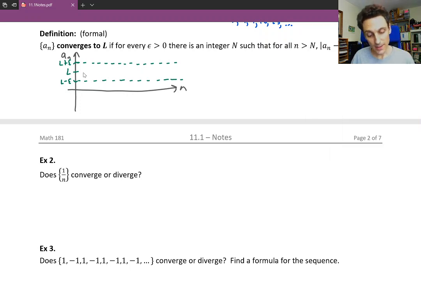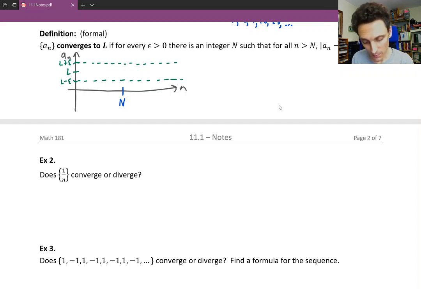So for every epsilon, here we've picked an epsilon, and this is kind of like the epsilon challenge. We want to be this close to L. Well, for every epsilon challenge like that, if we can find a big N, if we can go far enough out in the sequence such that all the terms of the sequence past that big N have values that fall inside this epsilon tube, then we've satisfied the challenge.